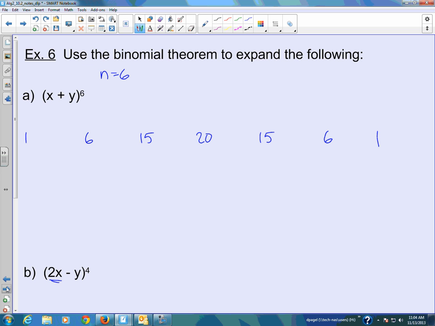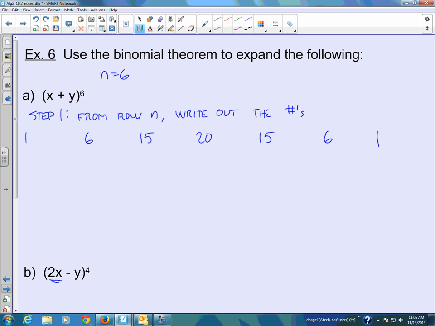So step 1 would be what we just did. Step 1, from Pascal's row n, write out the numbers from Pascal's triangle.